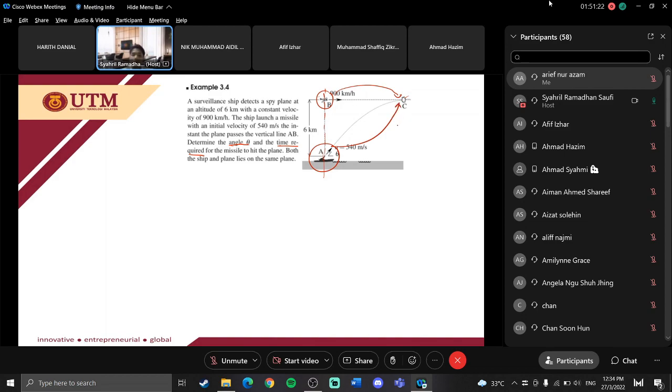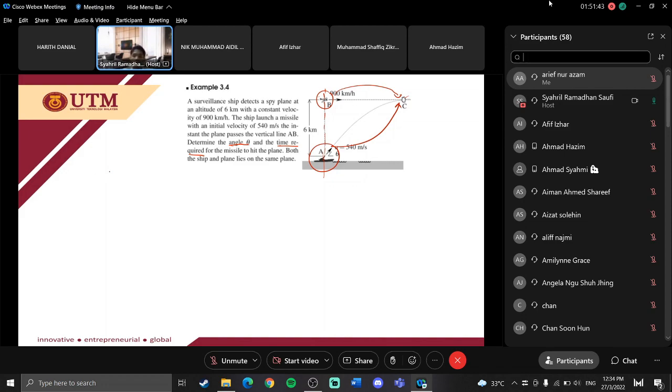So the horizontal distance is the same, and the time for the plane and the missile to point C will be the same.